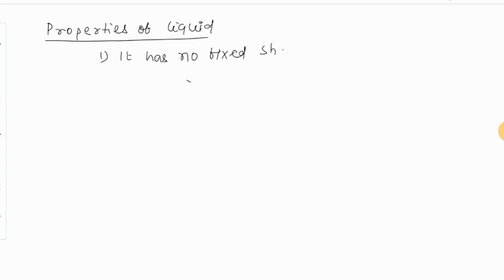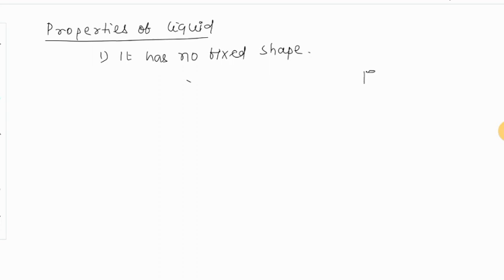What are the properties of liquid? First property, it has no fixed shape. Its shape is not fixed. Then what will be the shape of liquid? The shape of the container where the liquid is kept.